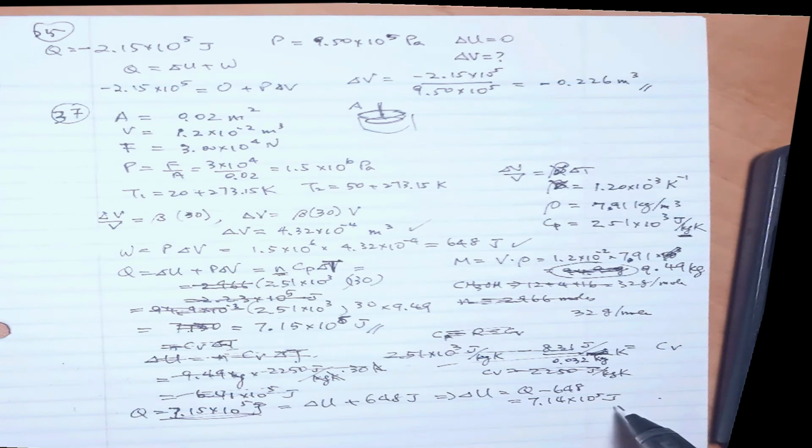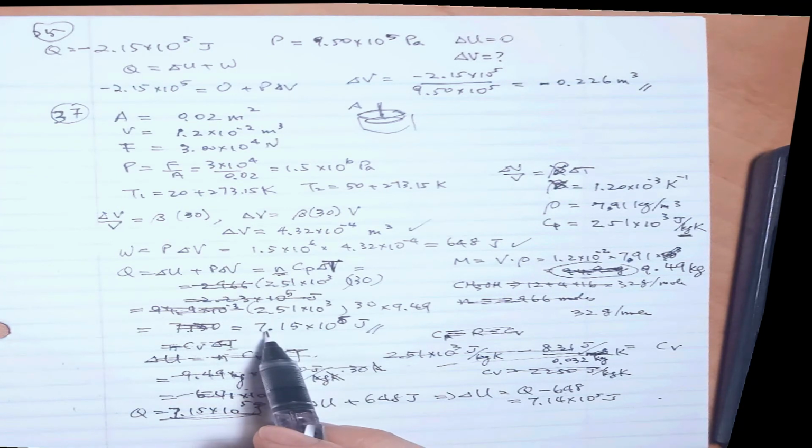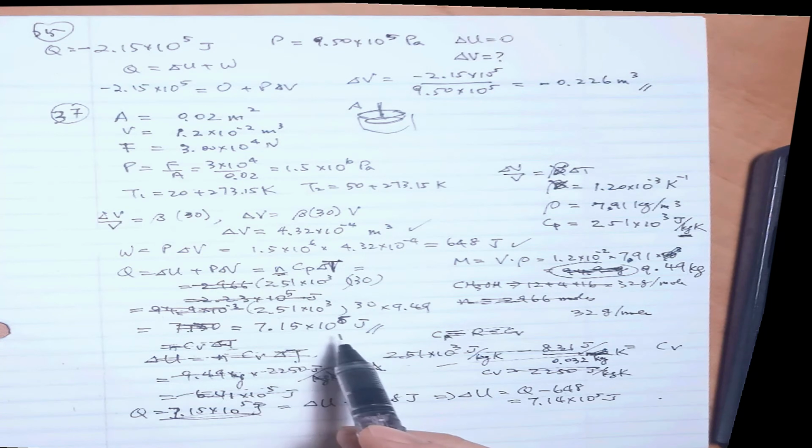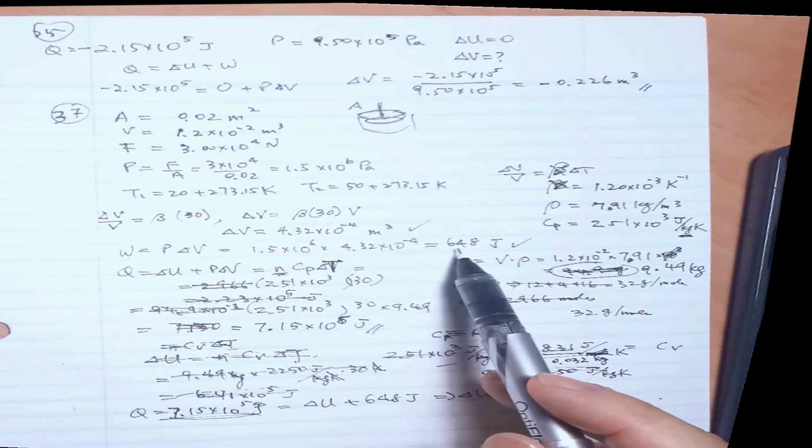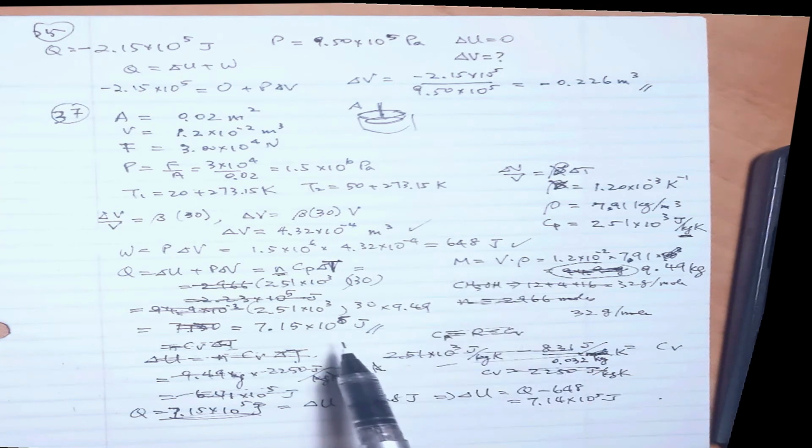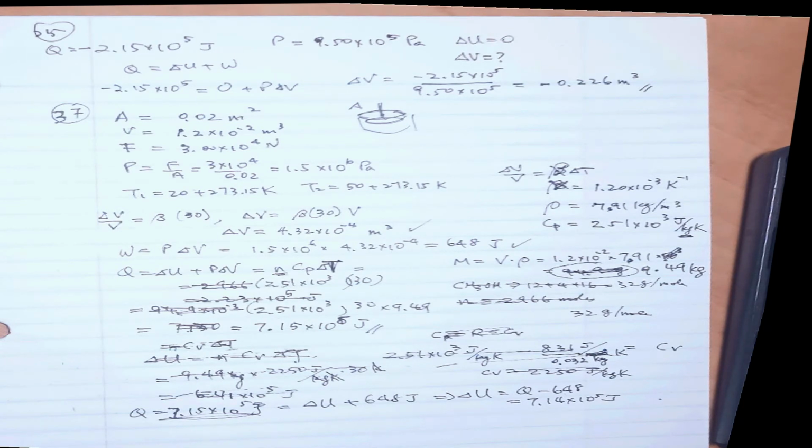But that is very similar to what we had in heat, 7.15. So the amount of work of expanding against the pressure, 648, is really negligible. So the change in internal energy is 7.14 times 10 to the 5th.